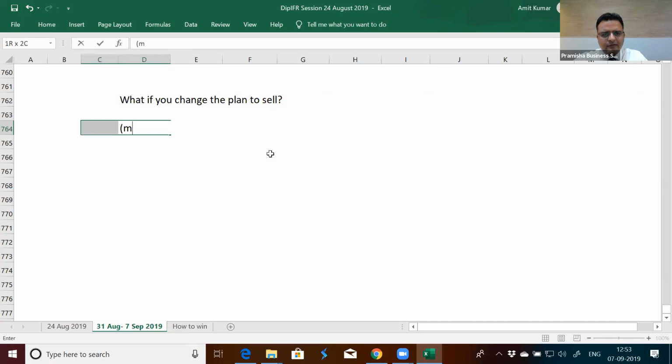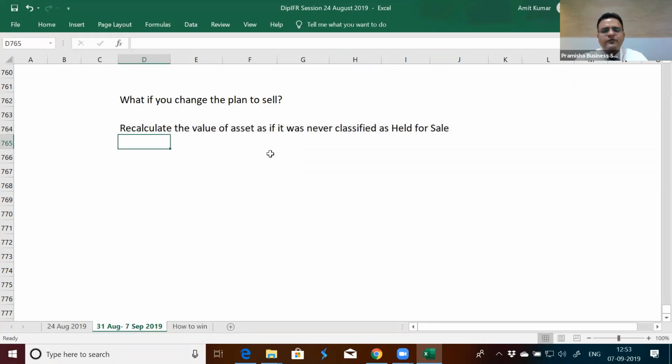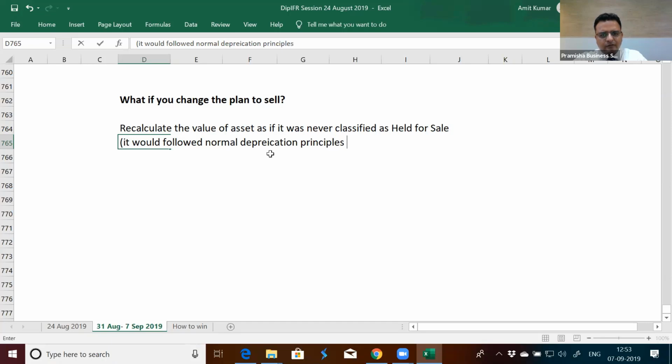Means what would have been its value if it was never classified as held for sale? It would have followed normal depreciation principles on cost model or revaluation model principles, depending on what is the choice of the management.